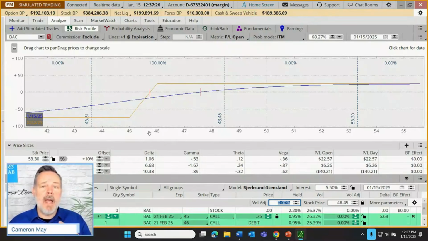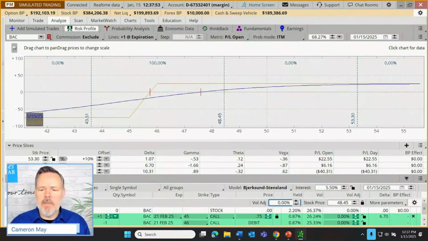Typically, when we buy options, if volatility goes up, what does that do for the value of options? Increased volatility typically increases the value of options, which is good for buyers, it's not good for sellers. If volatility drops, that's bad for buyers and theoretically good for sellers. So this net being a purchase trade, this is a debit transaction.